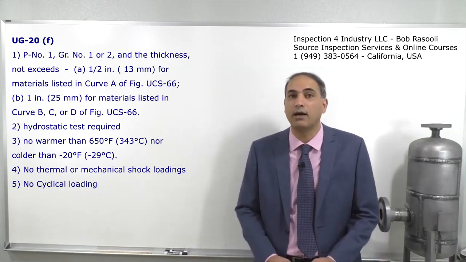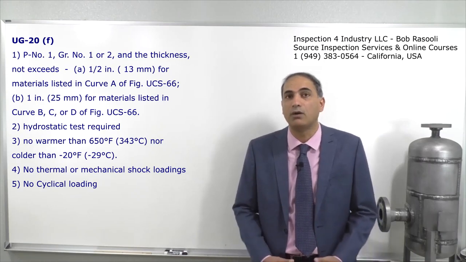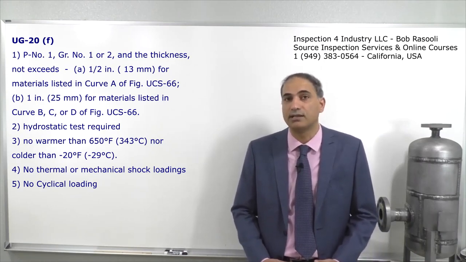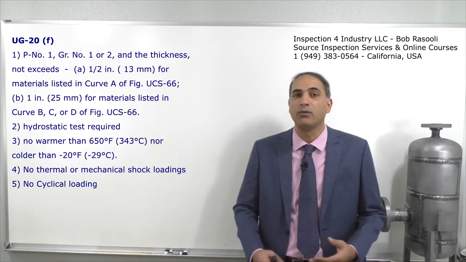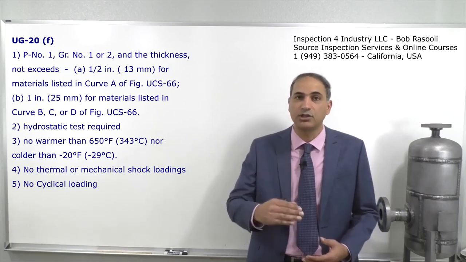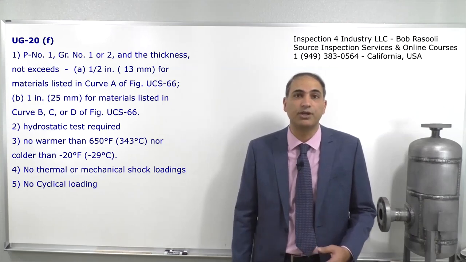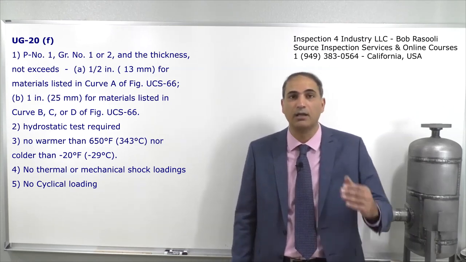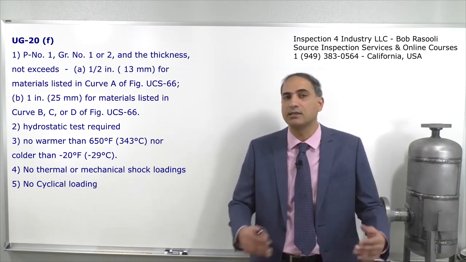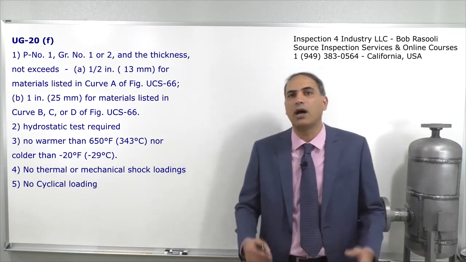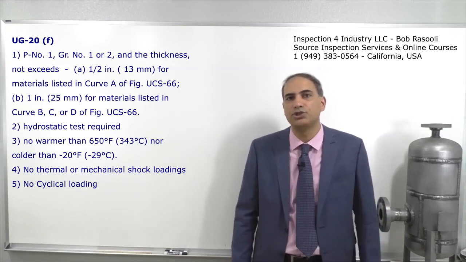Nor colder than minus 20 degrees Fahrenheit. Our minimum design metal temperature is minus 30 degrees Fahrenheit. You can see we are hit with condition number 1 and affected by condition number 3. We can't use UG-20(f) because of conditions 1 and 3. But let's continue and see what other items are included in UG-20(f).